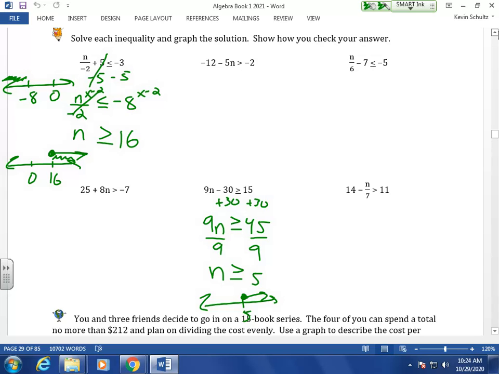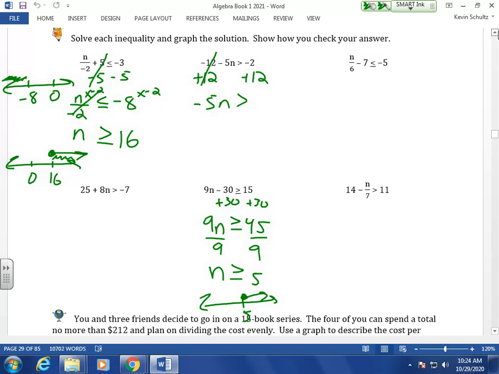-12 minus 5n. Yeah, so this one is not me really trolling you necessarily, but I rearranged the order of my coefficient and my constant. You're still going to start with that constant, which is the number without the variable, in this case -12. So you do the opposite of -12, which is adding 12. Don't forget about that sign on the -5n. It's still -5n.